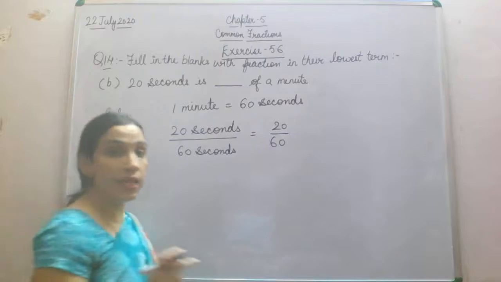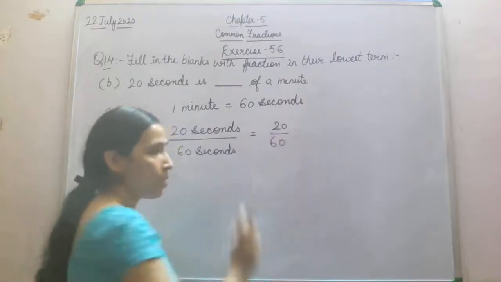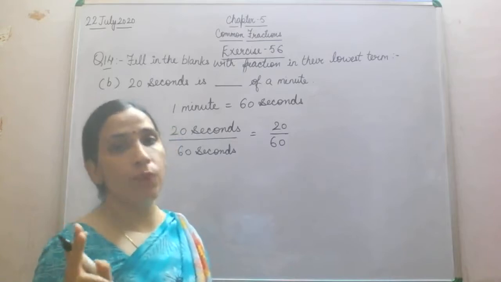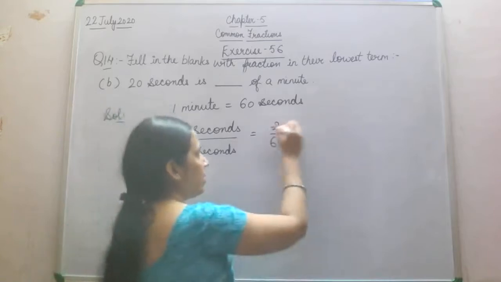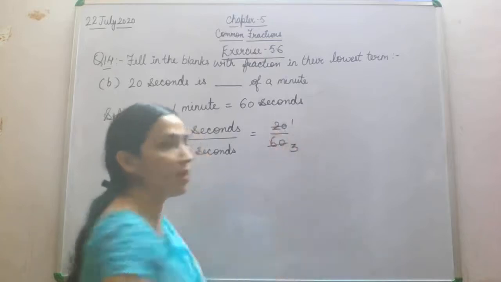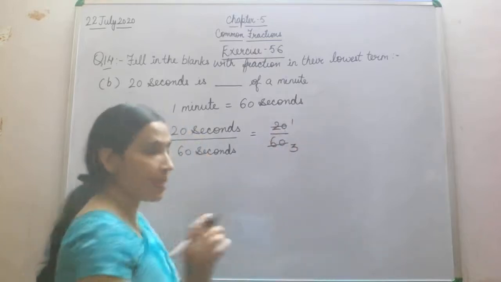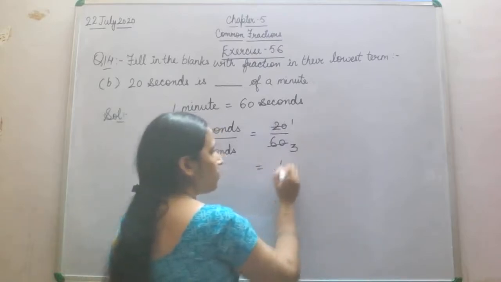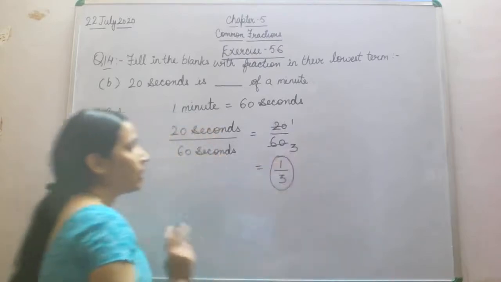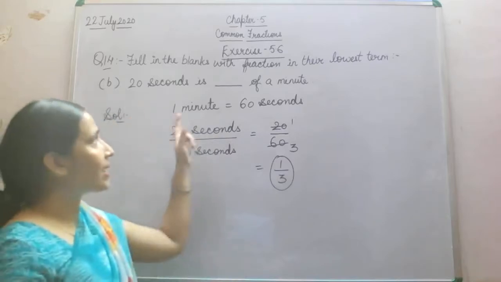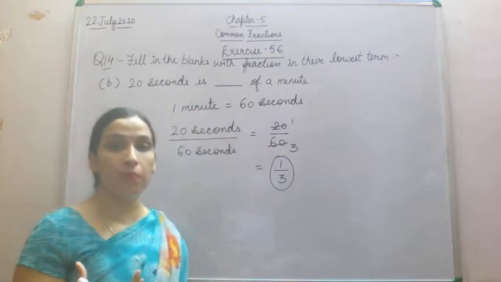Yes, 20 ones are in the table of 20, 60 is also coming. 20 ones are 20, 20 twos are 40, 20 threes are 60. Or you can simply do the division by 2 with the table of 2. Now what we required, this only, that 20 seconds is what fraction of a minute?